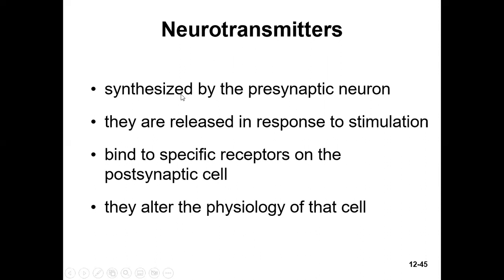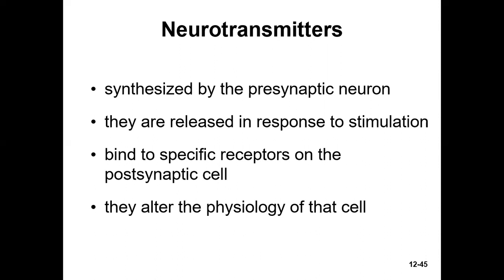The neurotransmitter will be synthesized by that presynaptic neuron. So again, everything in that cell has to be working in order for the neurotransmitter to even be produced. They are released in response to some type of stimulation.